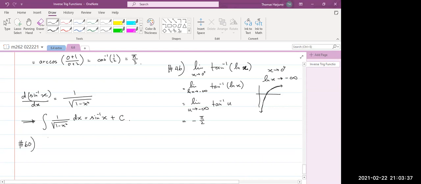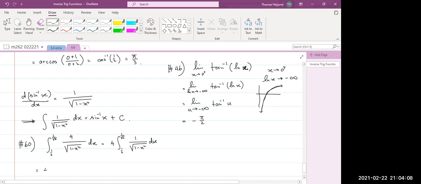Number 60. Integral from 1/2 to 1 over radical 2 of 4 over square root of 1 minus x squared dx. You can move the 4 outside, right? 4 times the integral of 1 over square root of 1 minus x squared dx.